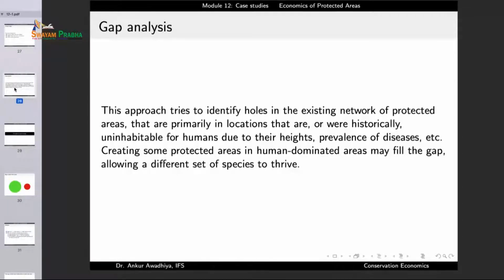Now, what we are saying here is that in the case of the existing network of protected areas, people traditionally went for those areas that were not of much use. So you would hardly find a protected area in or near a town or a city. You would only find protected areas in those mountains that were very difficult to reach, or those areas that were infested with mosquitoes and malaria, because of which people did not want to go to those areas.